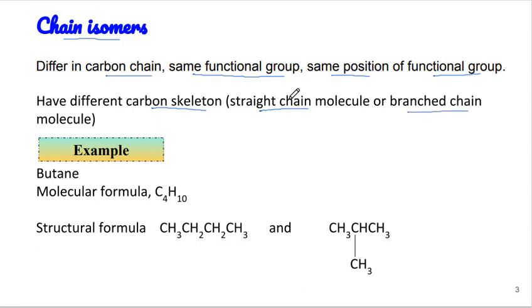Okay, alright. So they give you a simple example here. Okay, melibatkan butane lah. Okay, so butane is C4H10. Okay, kalau you tak nampak, let me just draw the expanded form for you. C4H10.